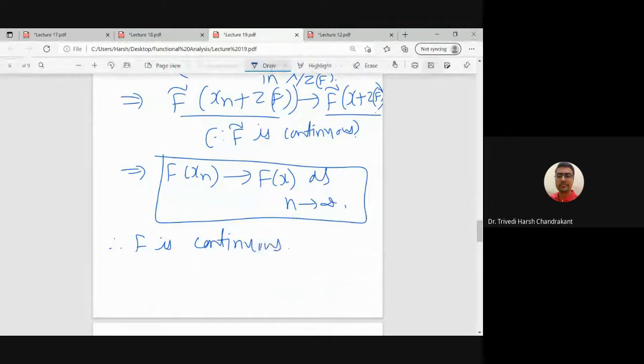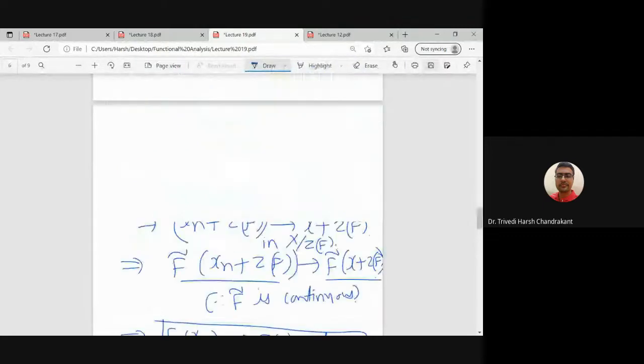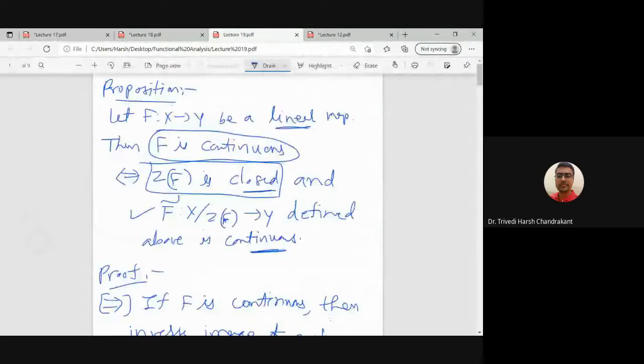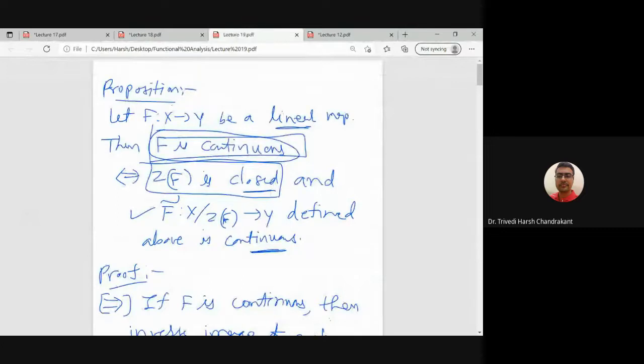So this is one of the equivalent criteria of continuity. So whenever f is continuous, we can use this equivalent condition. Earlier we discussed 5 equivalent conditions.